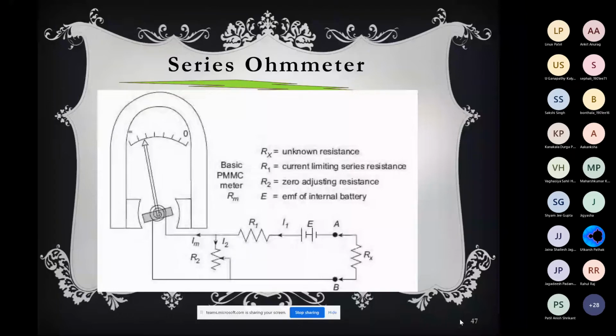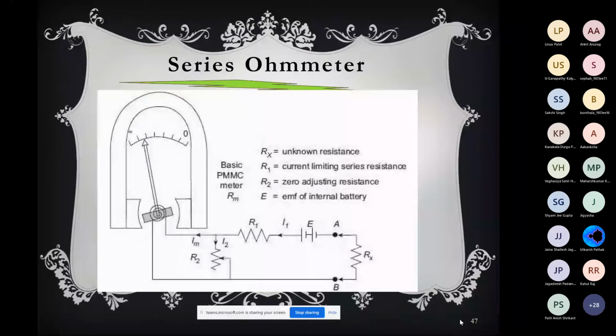R2 is a shunt, so that the division of current between I1 and I2 happens, and it should come to the 0 position. Once AB is open, there is no current flowing through it, so the meter remains undeflected, and it should be marked as infinity. That is the case.